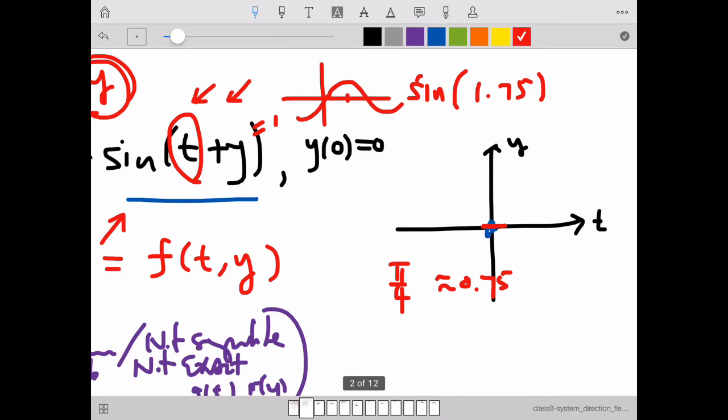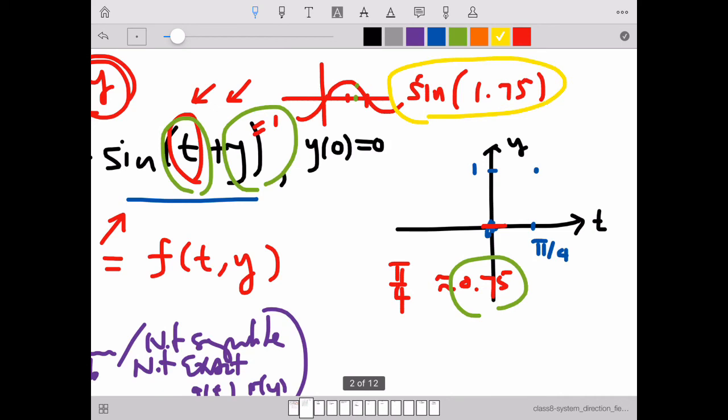That's pi over 2, that's pi, so it will be somewhere here. It's a positive number less than 1, right? So at the point t equal to pi over 4, y equal to 1, my slope is sine of 1.75, some positive number less than 1.